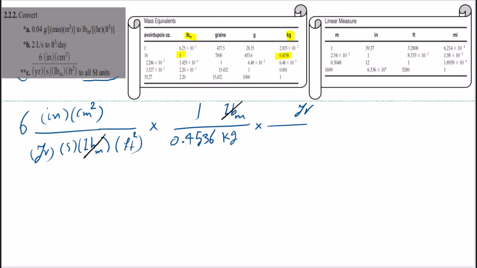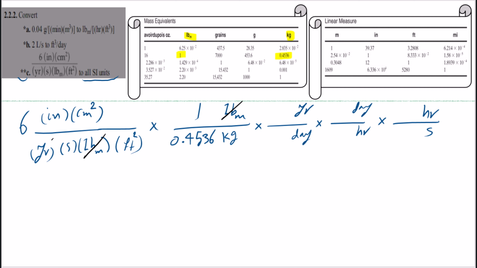Year, first of all, we convert it to day, and day will be converted to hour, and hour will be converted to second.